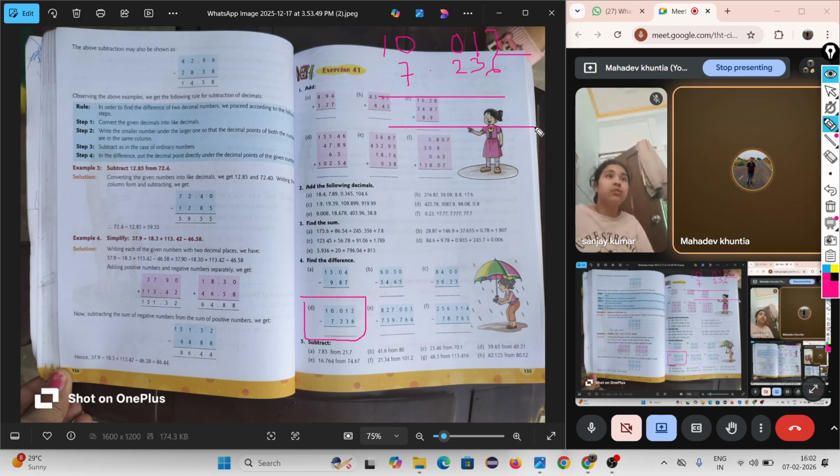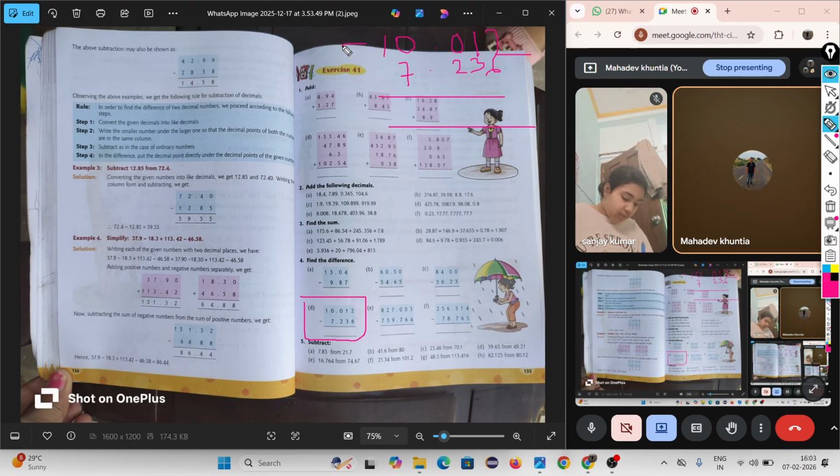Open your camera and do. Tell me the result. 10.012, subtract 7.236 from 10.012.